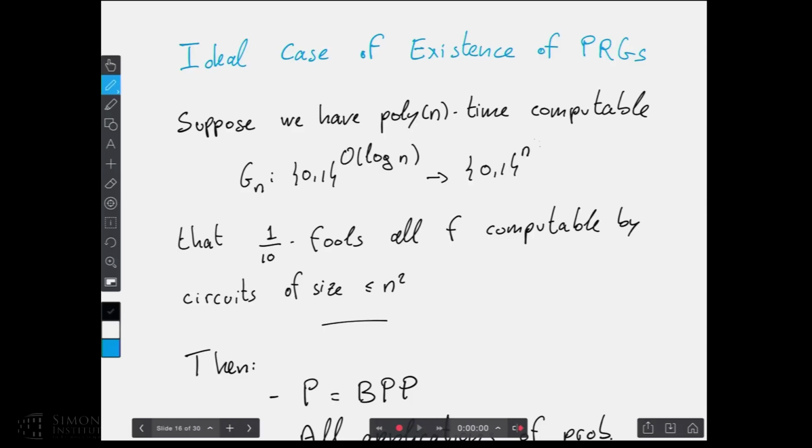If we were able, for every n, to come up with a generator that stretches the input exponentially, going from log n bits to n bits, and such that this exponentially longer output is still fooling all polynomial time, say n squared time computable, statistical tests.